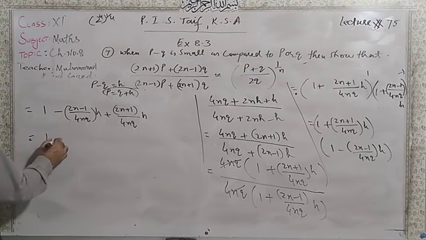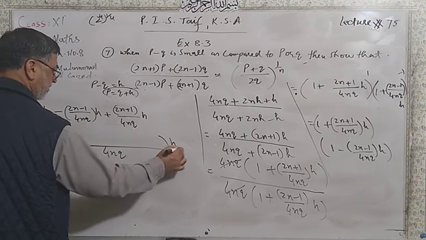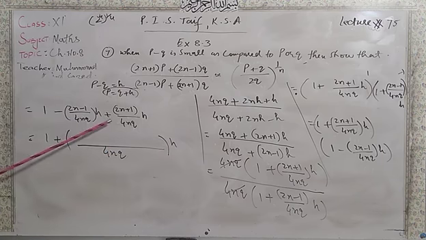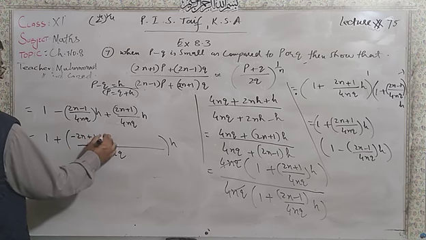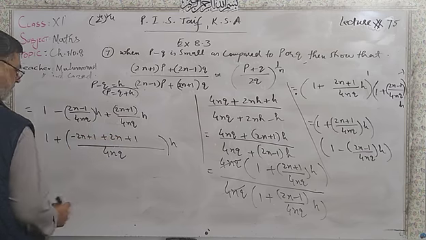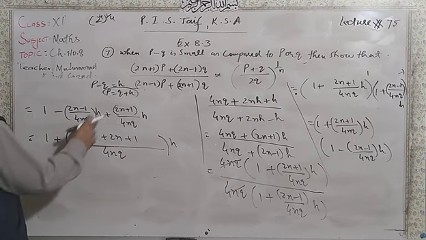So dear students, we can have 1 plus, taking 4nQ as LCM, minus (2n minus 1) plus (2n plus 1).